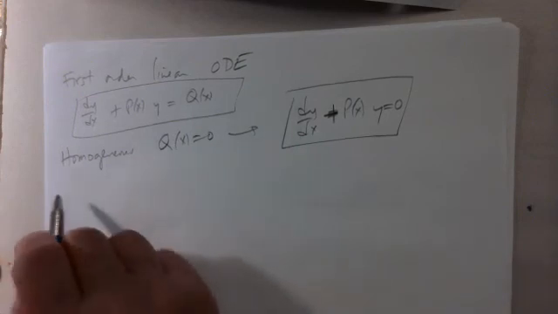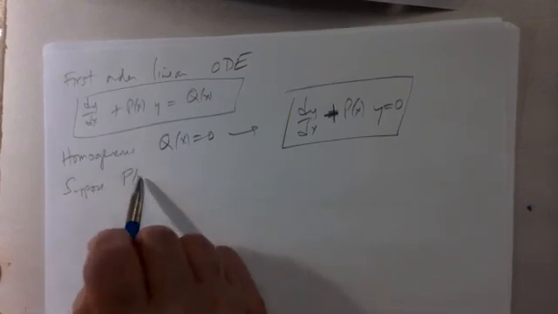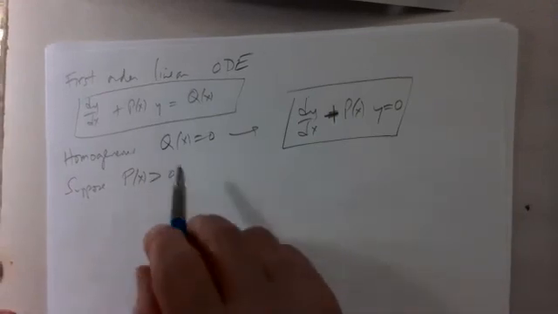Well, let's solve the equation. Suppose, just to make it a little bit easier, p of x is greater than 0 for all x in some region.